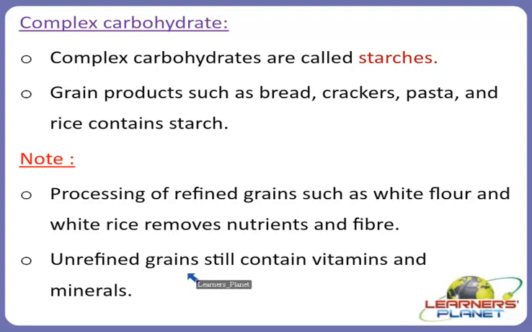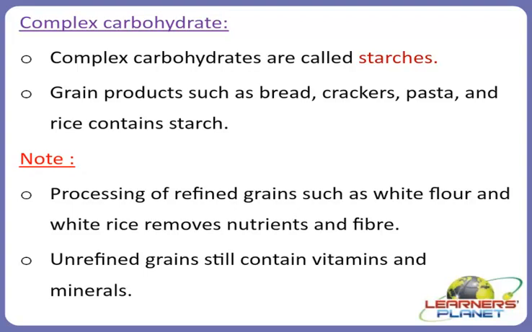So in short, simple carbohydrates and complex carbohydrates both are good for us. Some good examples of complex carbohydrates are pasta, rice, beans, carrots, cereal, potatoes, bread, corn, and even green vegetables like broccoli. Okay, so we can include all such components in our diet.